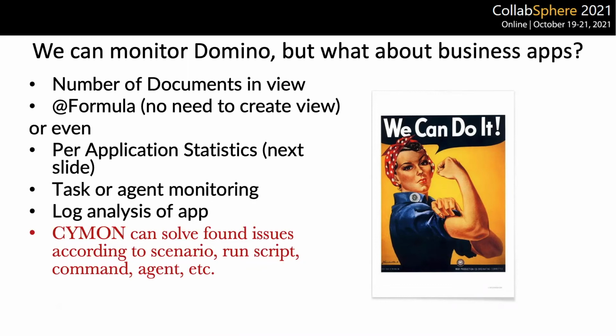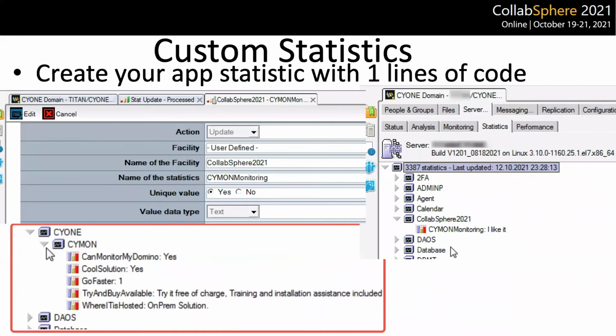And yeah, we can also create so-called per application statistics. I can show what I mean. For example, we have again the CRM, and from your application, with one line of LotusScript code, we can create such a document, for example, CollabSphere CYMON monitoring, and add values.